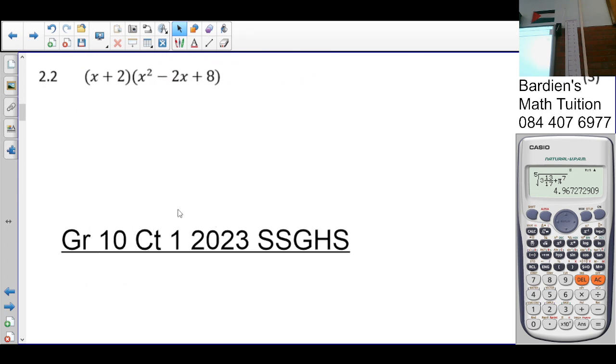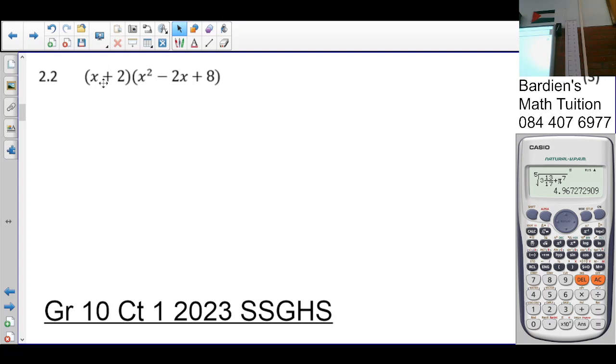Next one for 3 marks. Now we check, this is a binomial by trinomial. Let's see if that is the special case that will result in the sum or difference of cubes. Is the first term squared? Yes. Is the middle term negative, which is opposite to the binomial? Yes. And x times 2 is 2x.